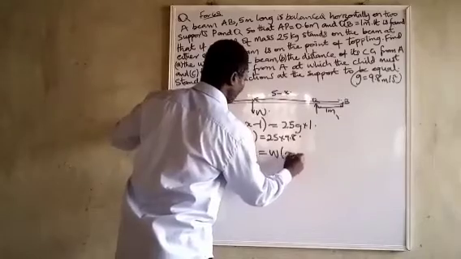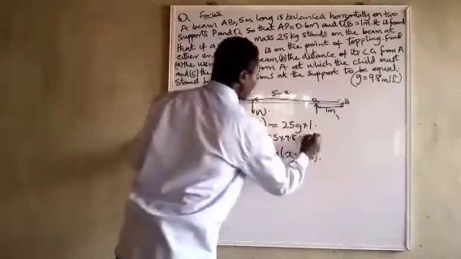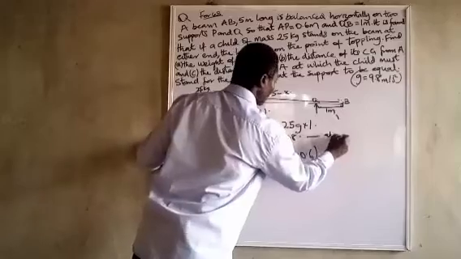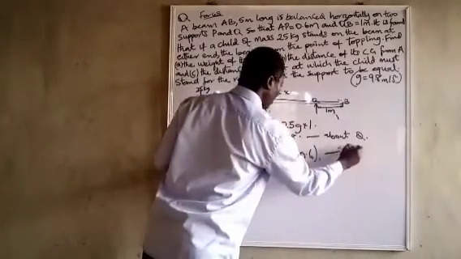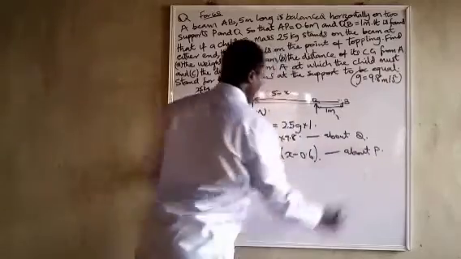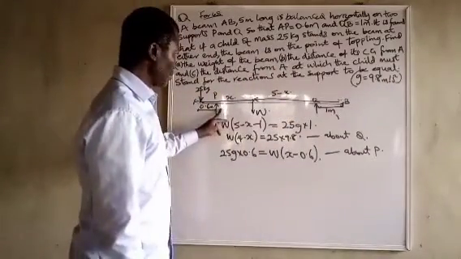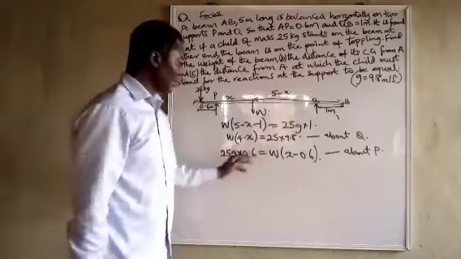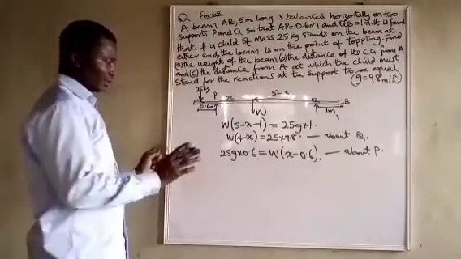Please take notes. This one is moments about Q. Moments about P. And from here, when the baby acts here, P is 0. When the baby acts here, Q is 0. That's it. The reaction here is 0. So that is what we are working on now.